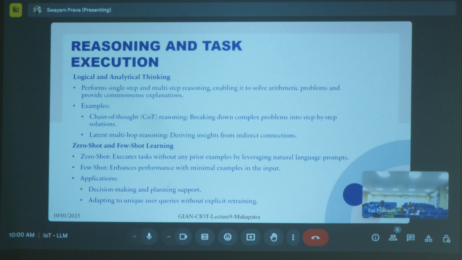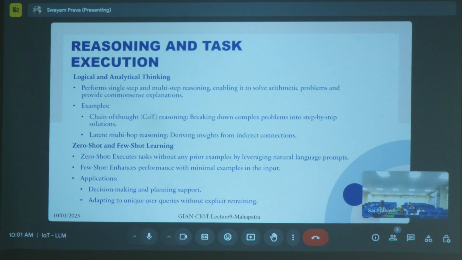LLMs are also good at handling reasoning and task execution, which are among their most impressive capabilities. LLMs excel in logical and analytic thinking. They can perform both single-step and multi-step reasoning, which allows them to solve complex problems like arithmetic and also provide common sense explanations for these answers.